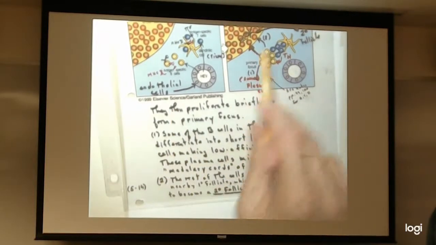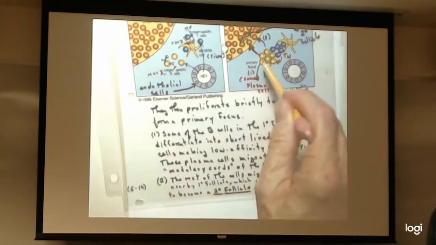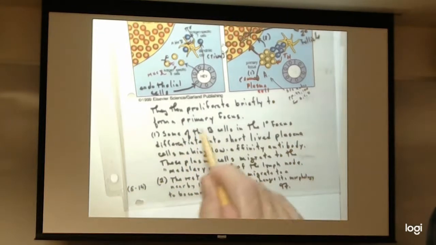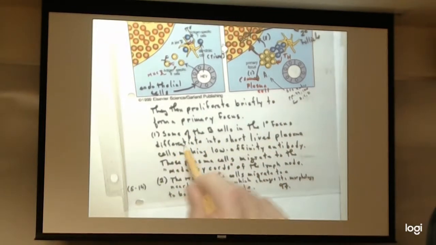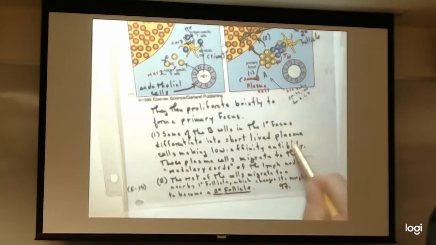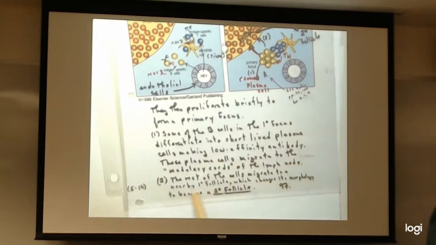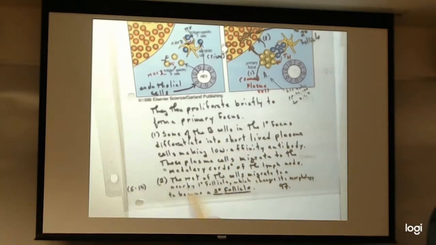They proliferate briefly to form a primary focus. Some of the B cells in the primary focus differentiate into short-lived plasma cells, making low affinity antibody. These plasma cells migrate into the medullary cords, which I'm going to show you in a moment, inside the lymph node. The rest of these B cells migrate into a nearby primary follicle, which changes its morphology to become a secondary follicle.